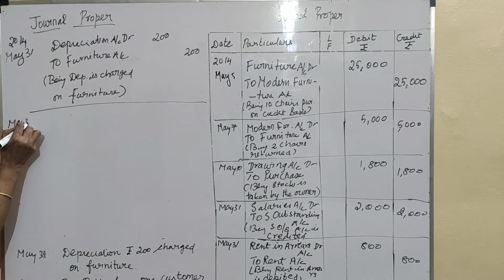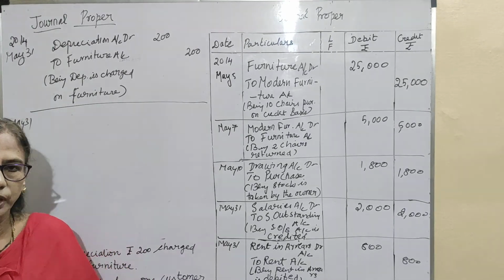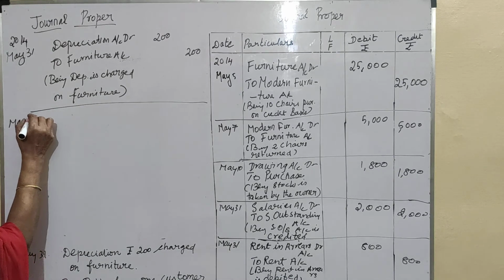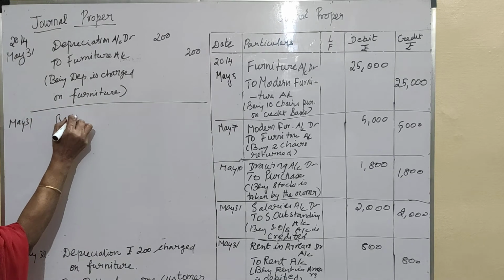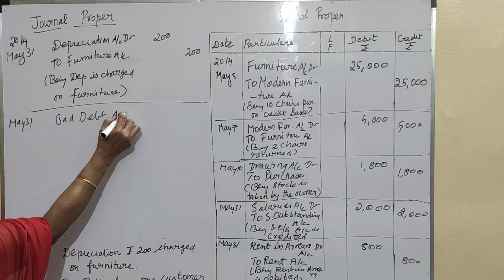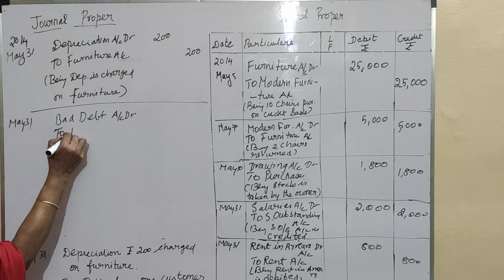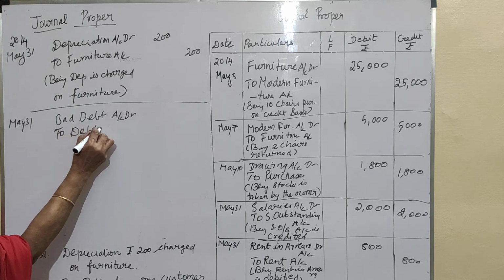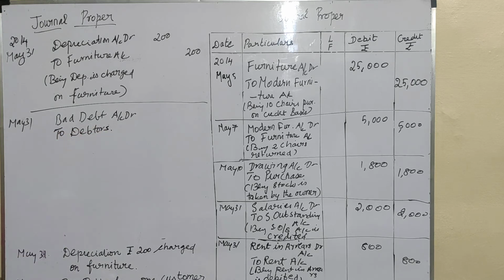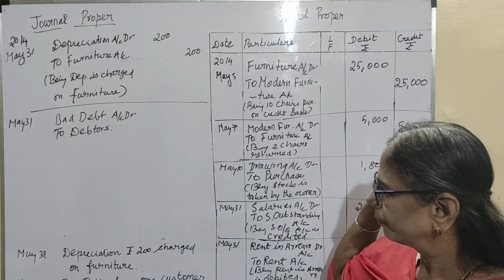2014 May 31st. Bad debt account. Bad debt is a loss. All losses and expenses are debited according to the nominal rule. Now we have to write the bad debt account. Bad debt account is debited to debtors account, because one of the customers failed to pay the money, so we have to credit him.